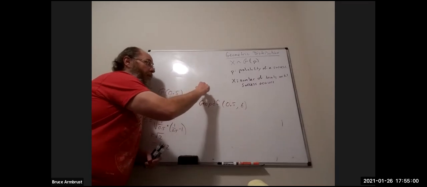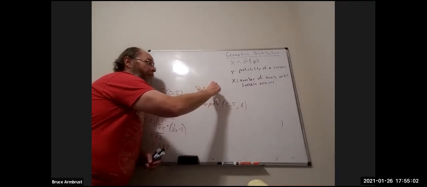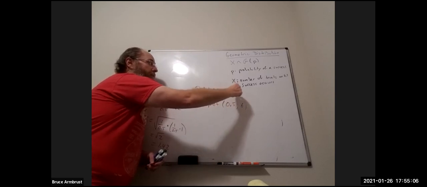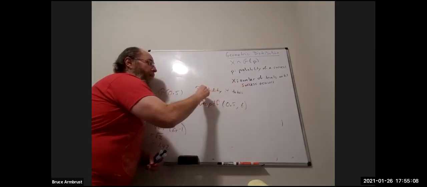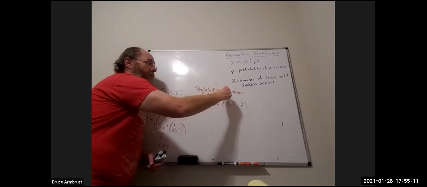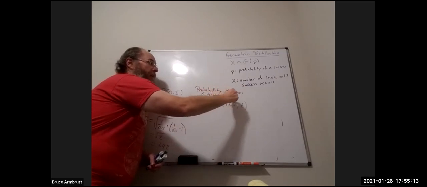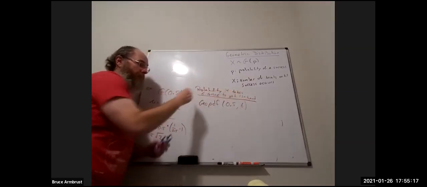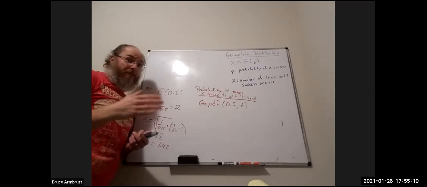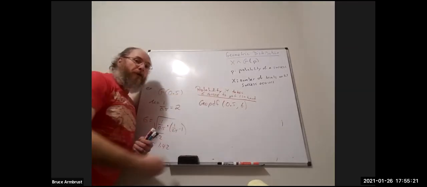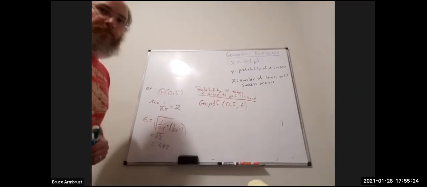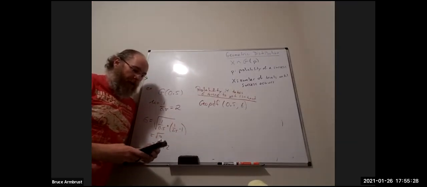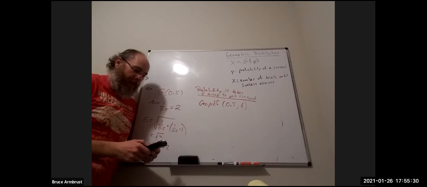This is going to be the probability that it takes 6 tosses to get your first head. And again, that's what geometric does. It's how many times you have to do it until you're successful.